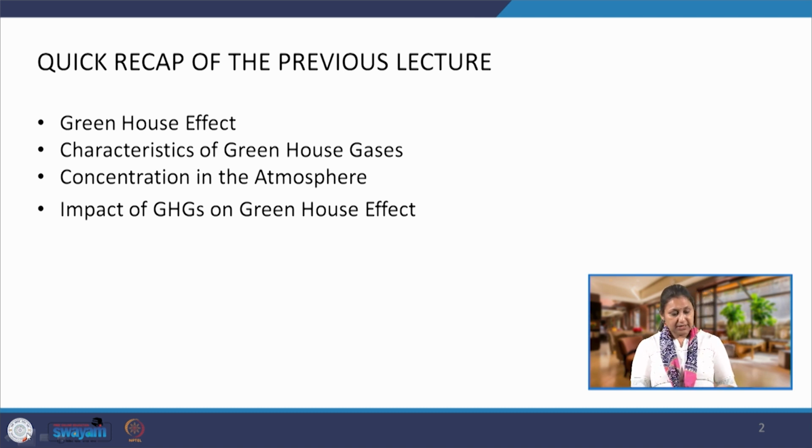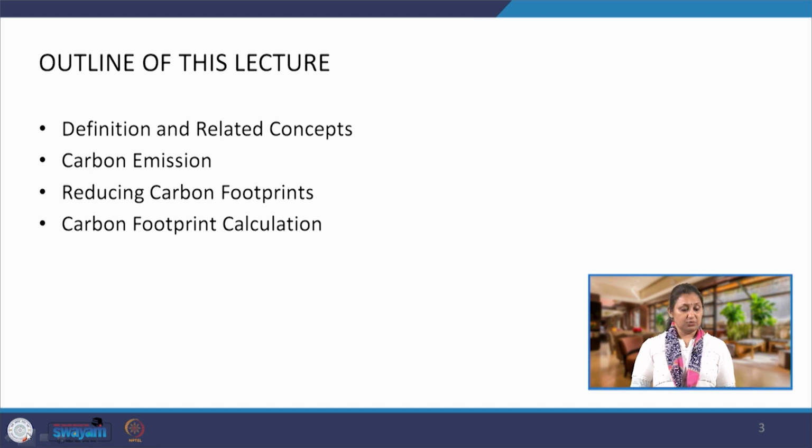So, taking from there, in this lecture, we are going to understand the definition and the related concepts of carbon footprint, going on to carbon emissions, how to reduce carbon footprints and how to calculate them. So, not absolute numbers, but an understanding of what all will be included, because it is a very complex phenomenon, which is what we will get to know.